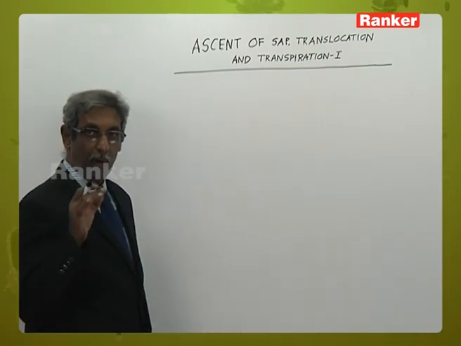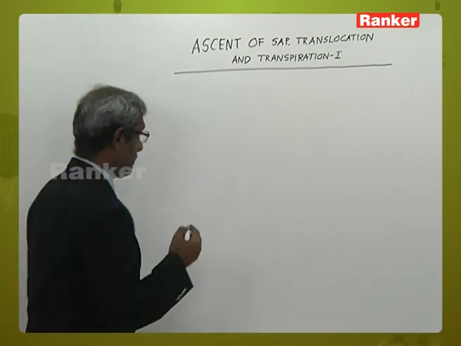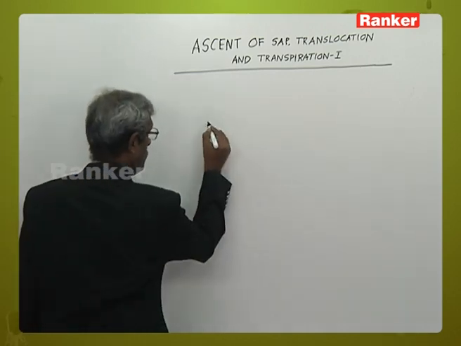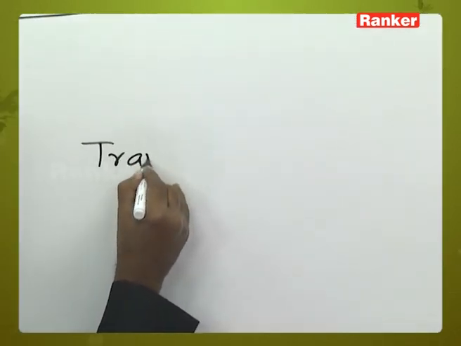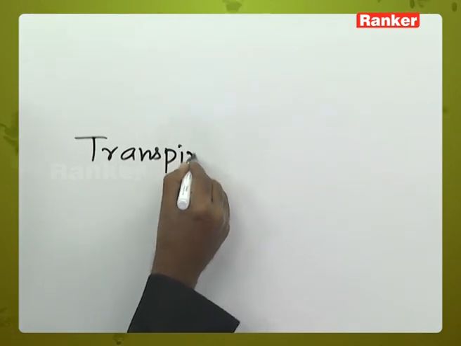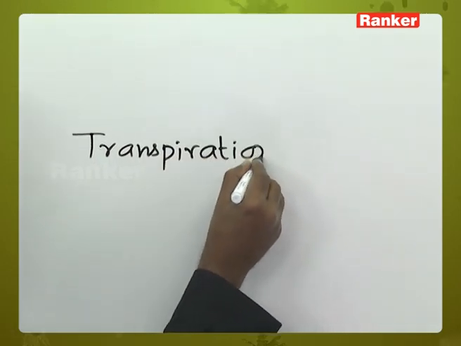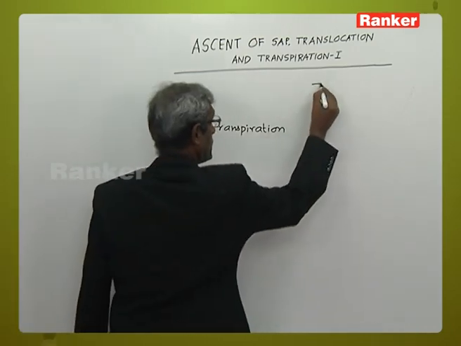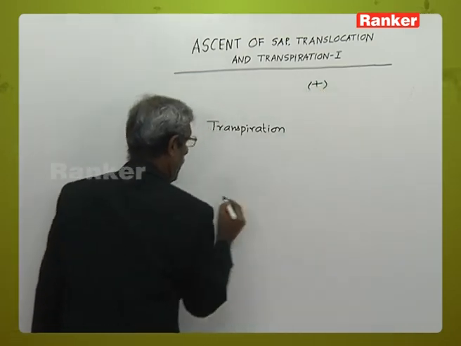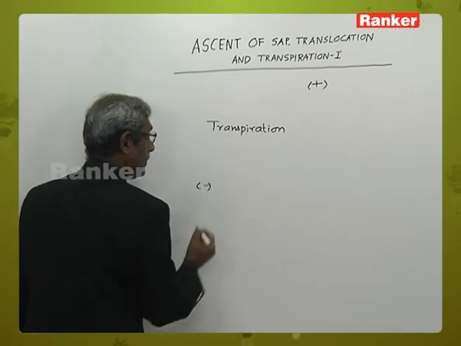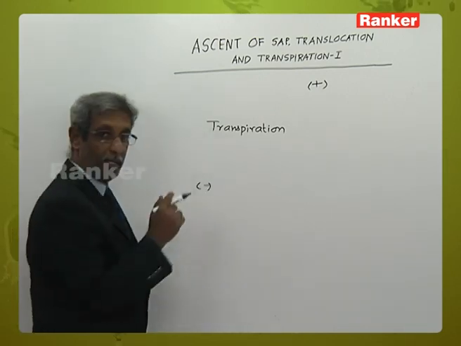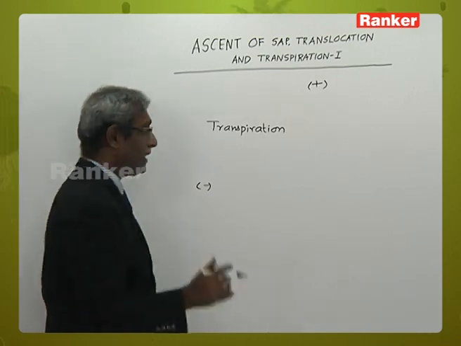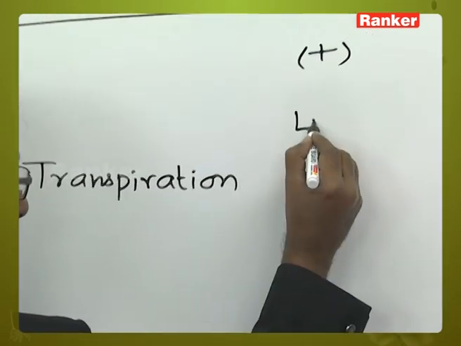Now we are looking at what happens in transpiration. Concept number 2 relates to transpiration. Transpiration increases or it decreases. Transpiration increases with high light intensity. So light intensity is very important here.